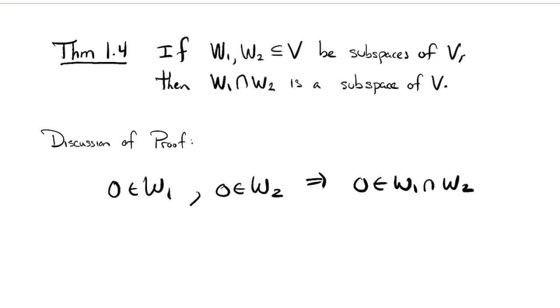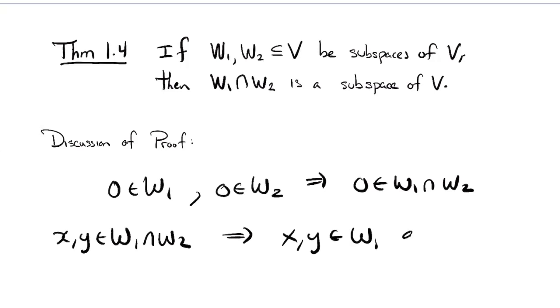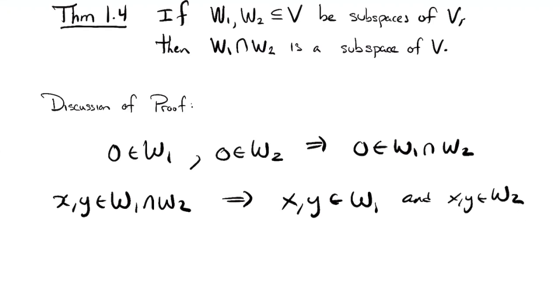When you're arguing about intersections of two sets, it's always about arguing about them both. Or think about closure. If we took, say, x and y in the intersection, then x and y are in both sets individually, right? But W1's a subspace, so it's closed. W2 is a subspace, so it's closed.